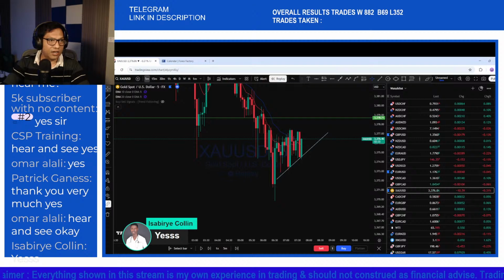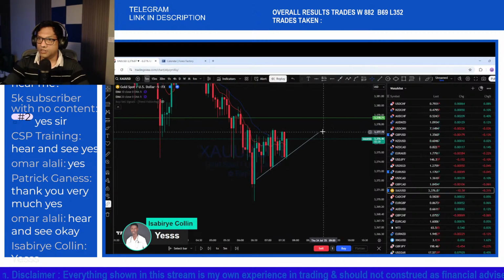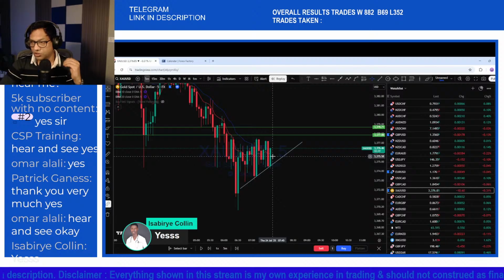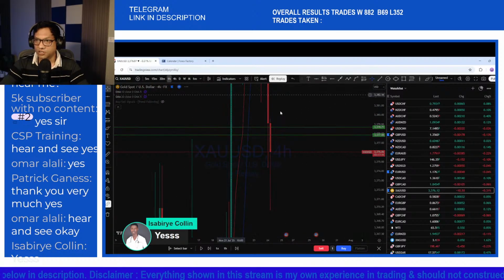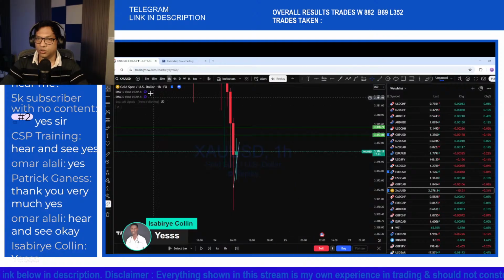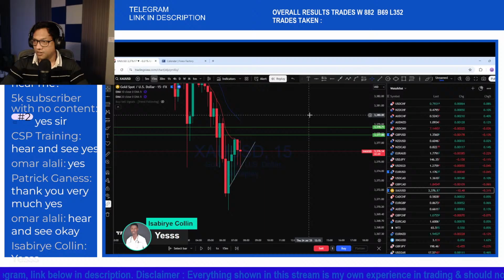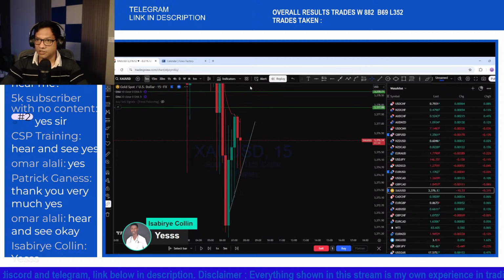With this structure, there is a previous resistance line here as well on the 5 minute chart, and before the candle close from the 1 hour and the 4 hour, if the market hits that level, that's where you can look for a possible rejection back again in this lower time frame. If you look at the 15 minutes here, you can see it's also forming bearish price action in that area.